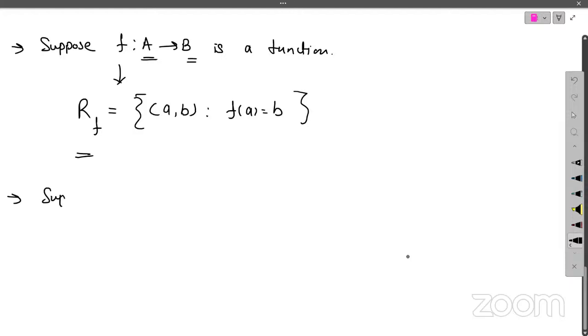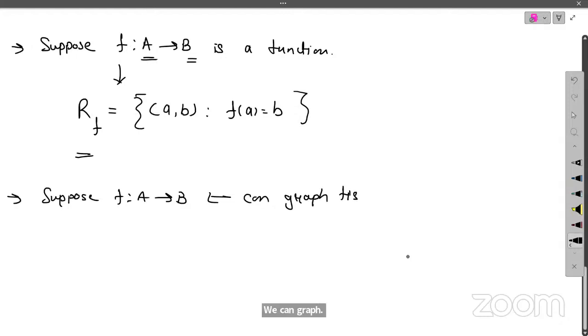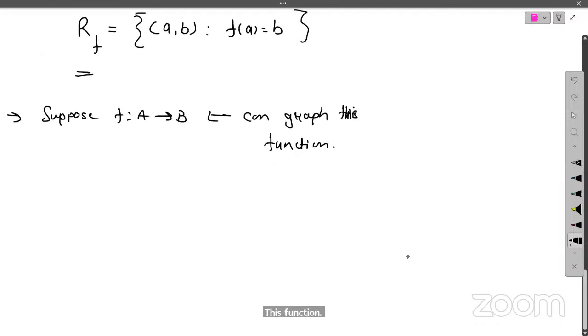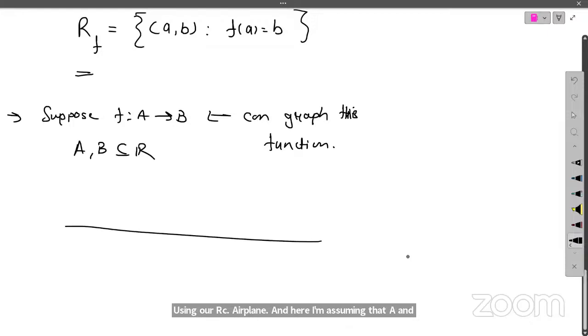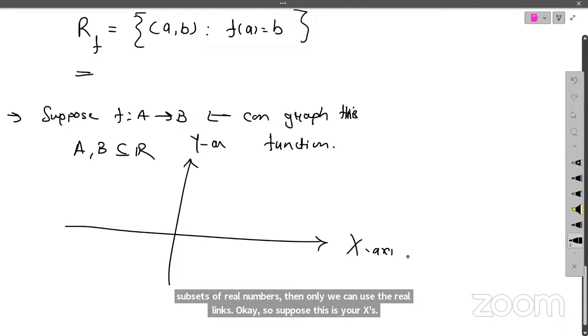Suppose I have a function from A to B. Then we can graph this function using our R cross R plane. Here I'm assuming that A and B are subsets of real numbers, then only we can use real lines. Suppose this is your x-axis and this is your y-axis.